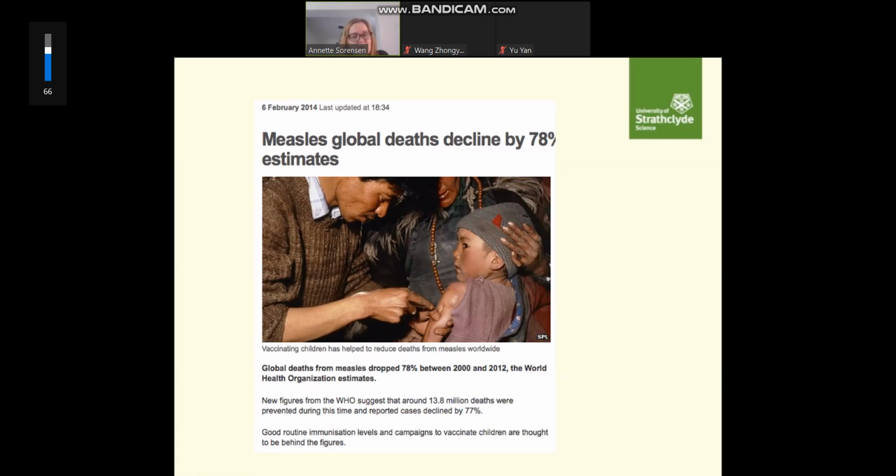You probably have had a vaccination against measles, most likely, but despite a vaccination program leading to a decline of 78% in measles deaths globally, the measles virus still does kill a significant number of people.